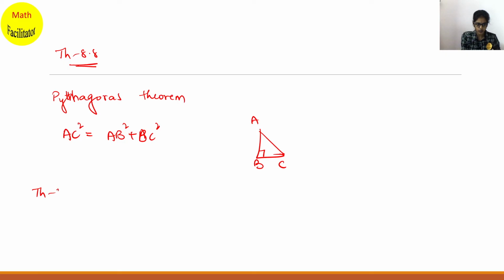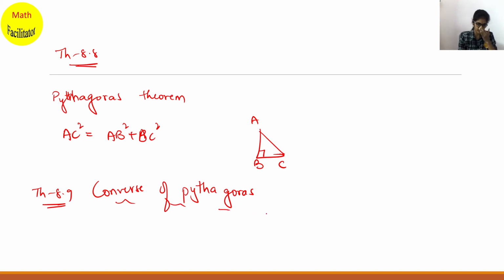Then theorem 8.9 is the converse of Pythagoras. Now what is the converse? Suppose this is a triangle, and I don't know whether it is a right angle triangle or not.